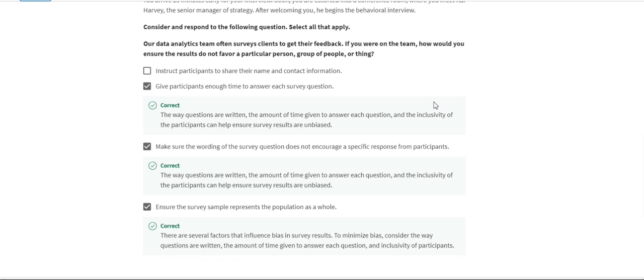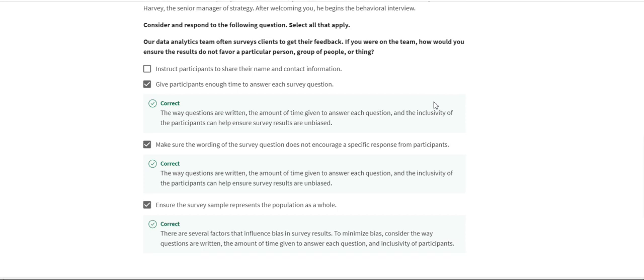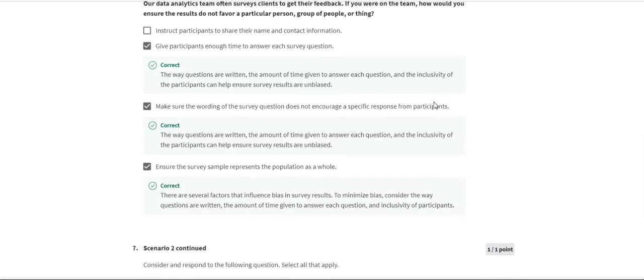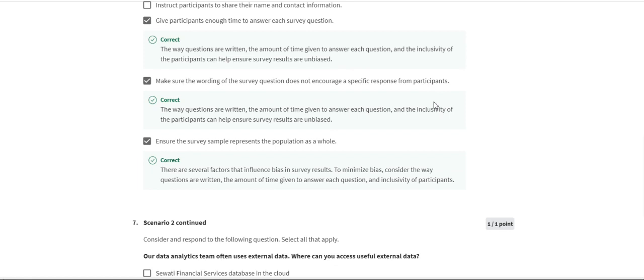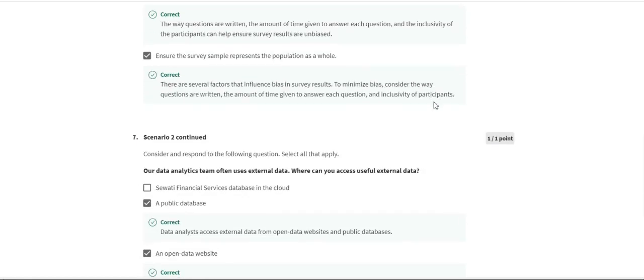Second, make sure the wording of the survey doesn't encourage a specific response from participants. Not putting answers in their mouth is one of the things we should consider. Third, ensure the survey samples represent the population as a whole. Since we are going to take all the data, we get responses from everyone. We don't have to particularly focus on a community or a group. Those are the things we should consider.